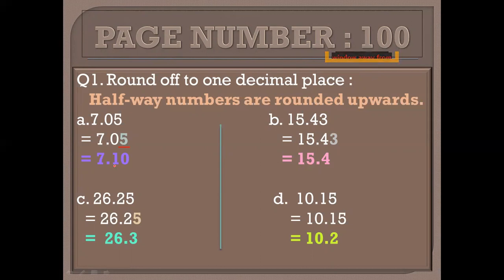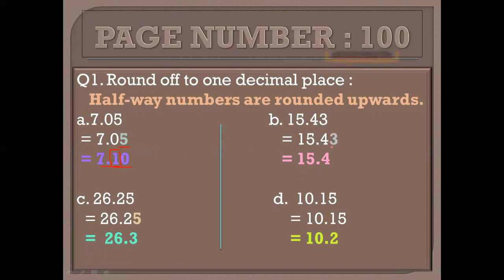It means that we round up the number 0 and 7.05 will become 7.10. 0 changes into 1 because the hundredths place has 5, and 5 is a halfway number, so we round upwards.